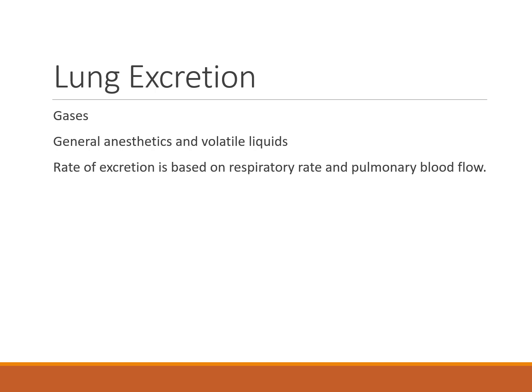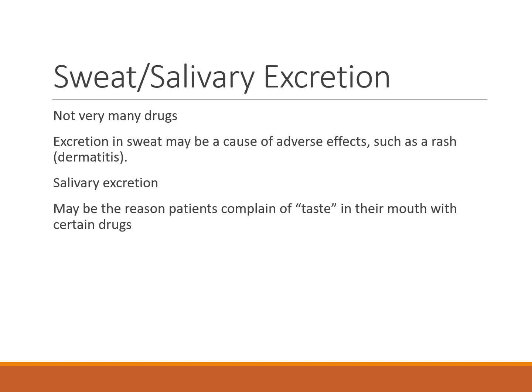Rate of excretion is based on respiratory rate and pulmonary blood flow. Sweat, salivary excretion, not very many drugs. Excretion in sweat may be caused by adverse effects such as a rash like dermatitis. Salivary excretion may be the reason patients complain of a taste in their mouth with certain drugs, like a metallic taste. They're excreting some of the drug.